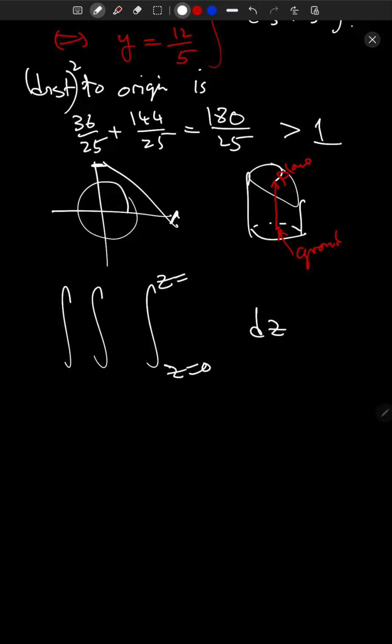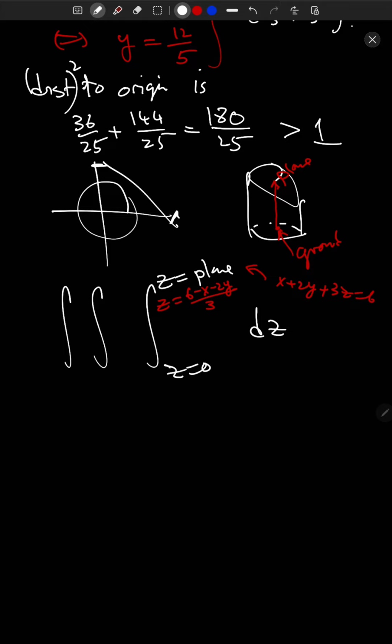Our plane was x plus 2y plus 3z equals 6, right? So this was x plus 2y plus 3z equals 6, which tells me that this equation should be 6 minus x minus 2y all over 3. Okay.